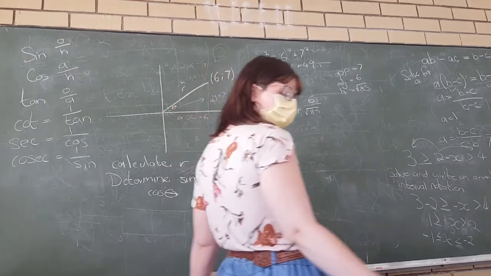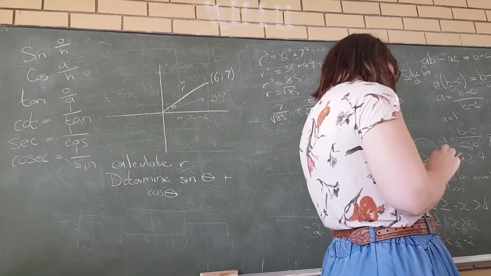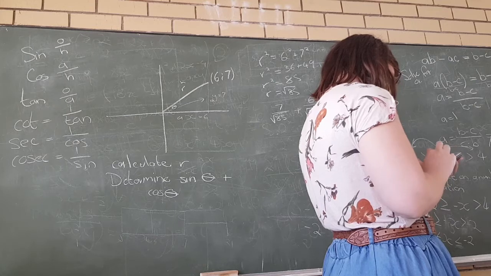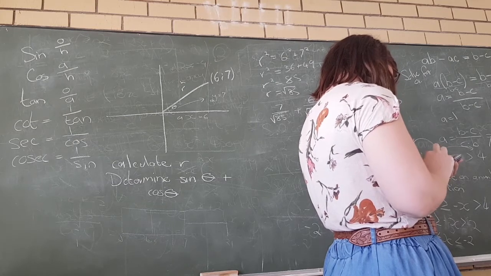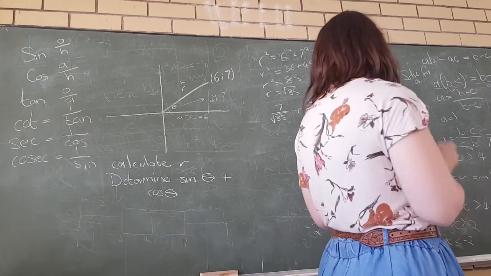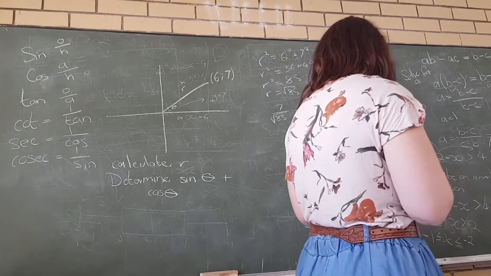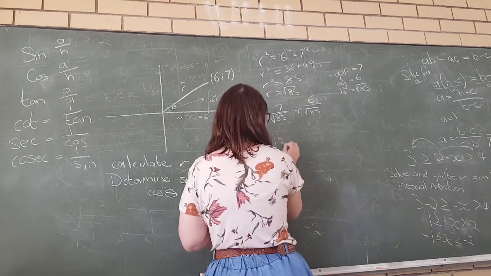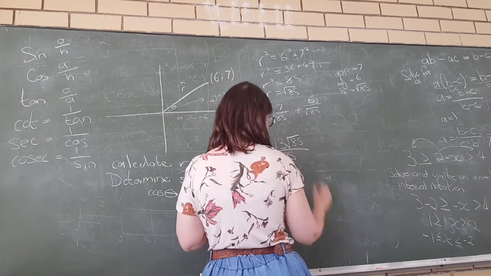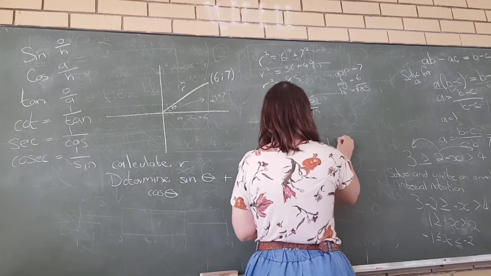I'll plug that into my calculator. 13 over root 85, which is 13 root 85 over 85. Otherwise, you can convert it to a decimal, being 1,41.